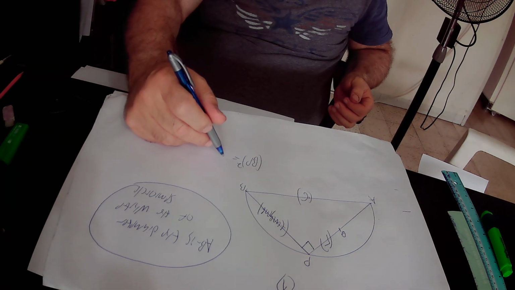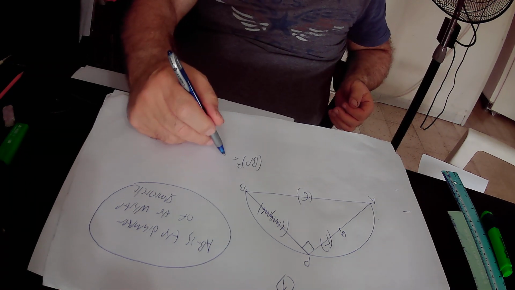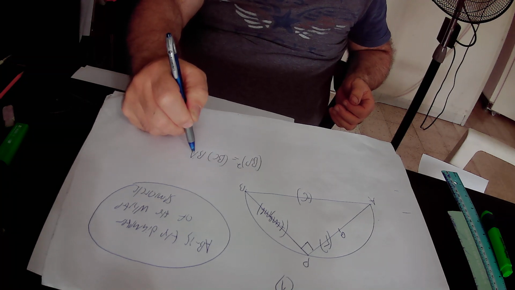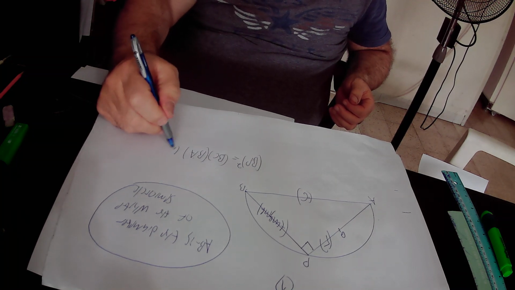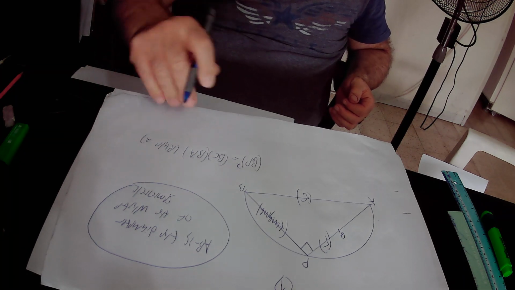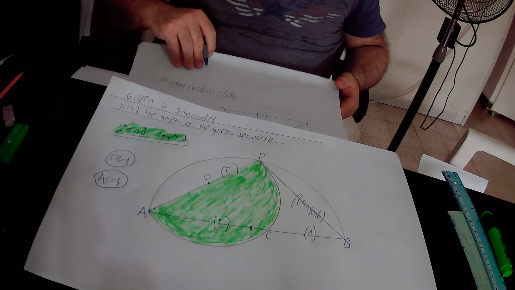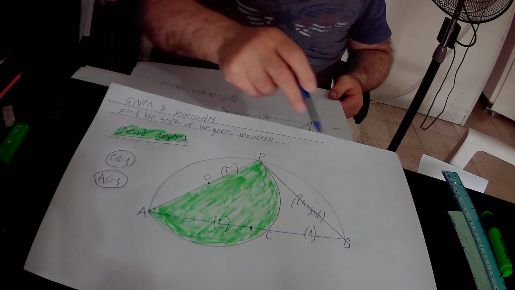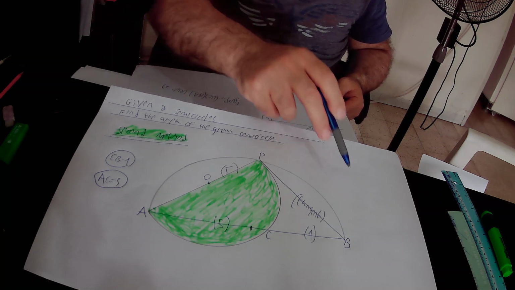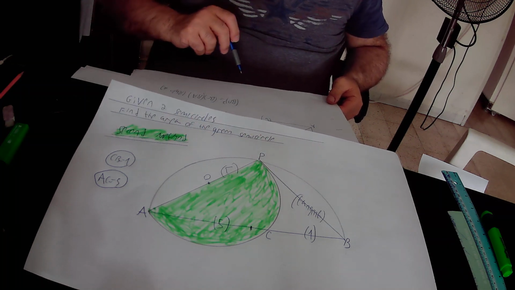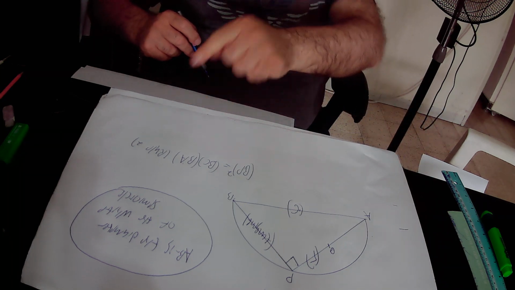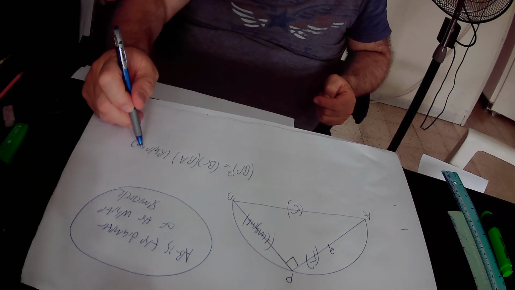BP squared equals BC times BA according to rule 10.